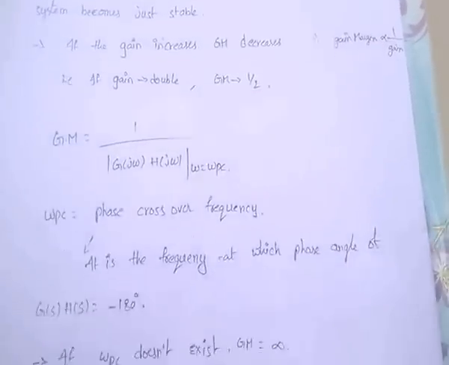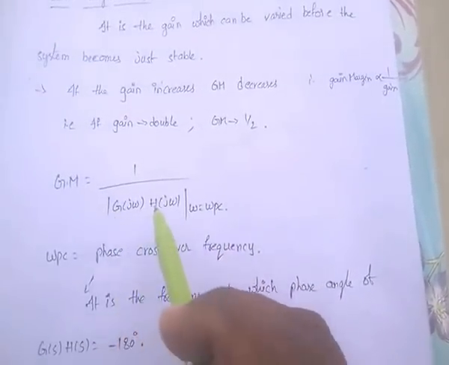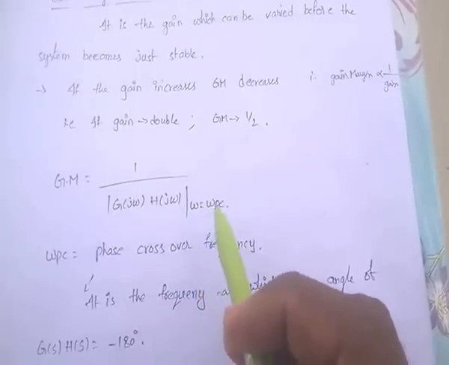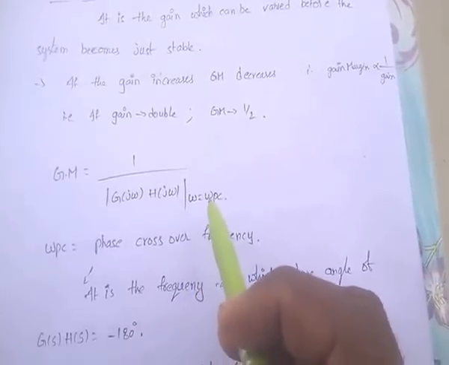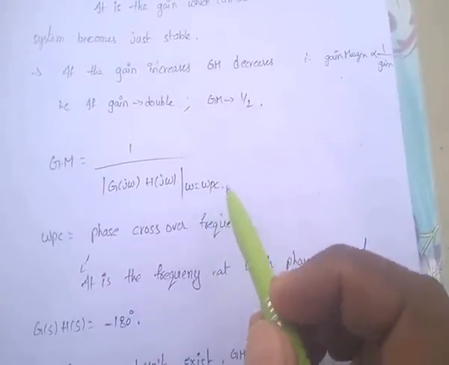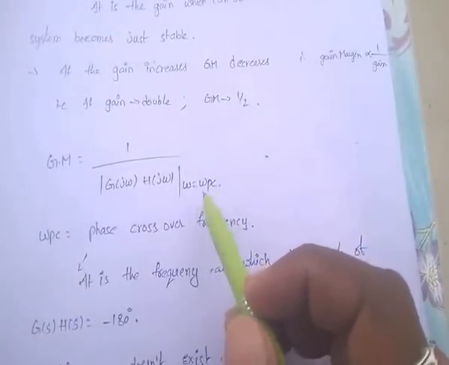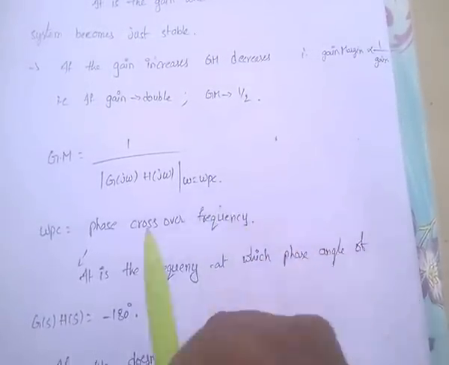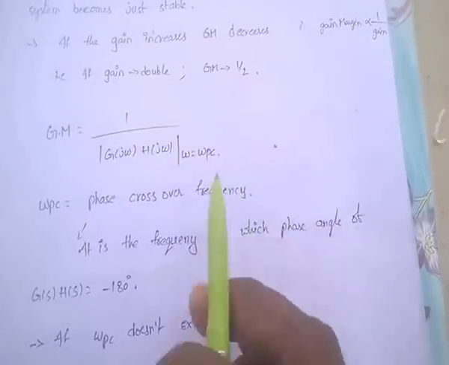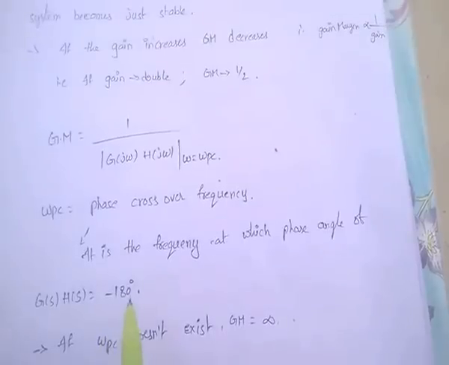Gain margin is equal to 1 by magnitude of G of j omega into H of j omega at omega equal to omega pc. Here omega pc is the phase crossover frequency. It is the frequency at which the phase angle of G of s and H of s is minus 180 degrees.